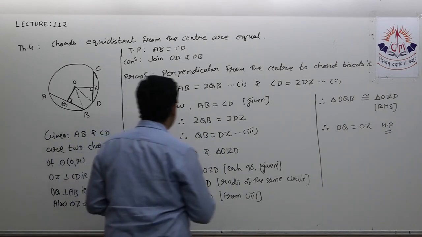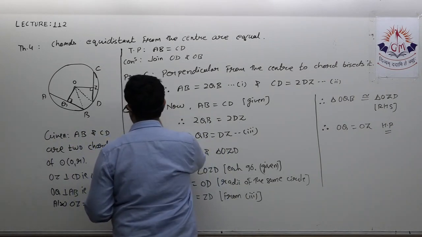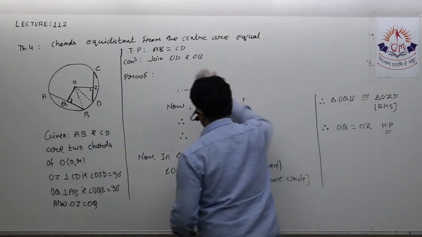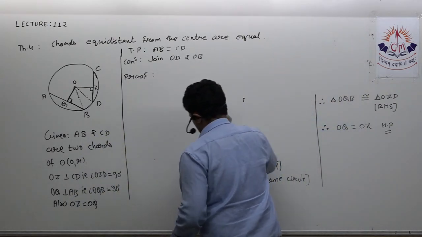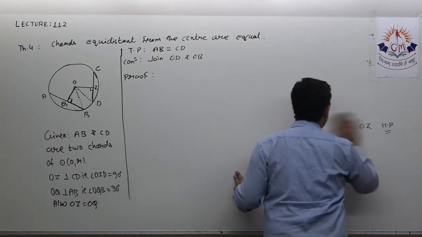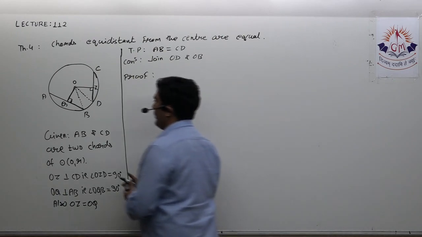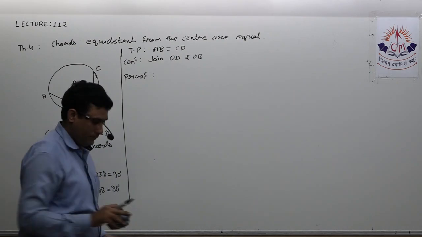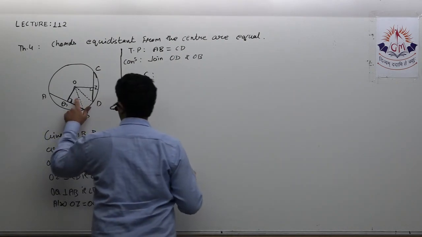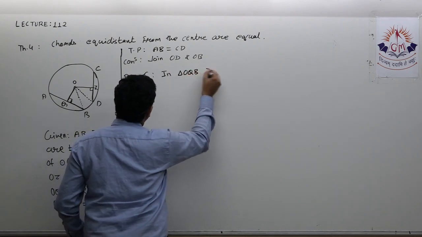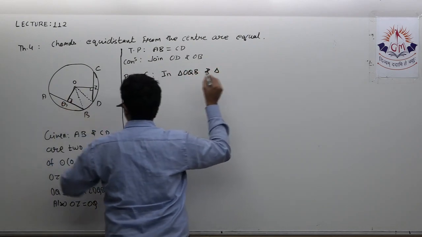Okay, so now we'll see its proof. See, it is almost similar to the previous one. Again we have to prove those two triangles are congruent. So in triangle OQB and triangle OZD.